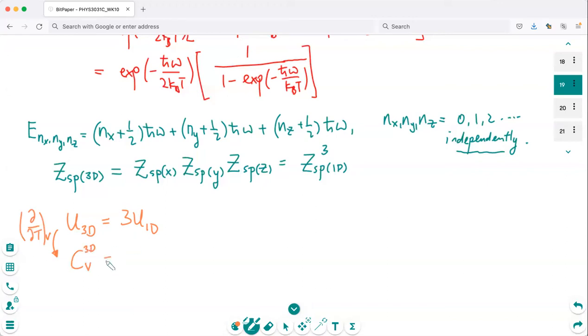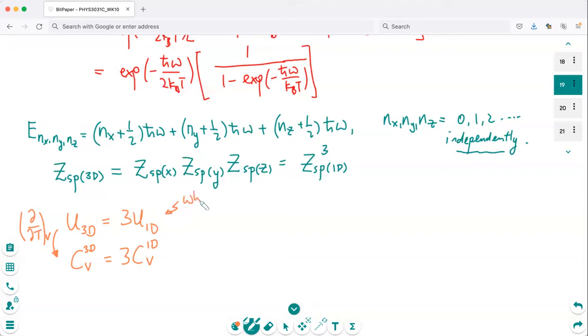And this is easy. The 3 you can pull out, so the derivative only sees this 1D. Okay, so now the question is this. From here to here is obvious. So why do we have the first line?